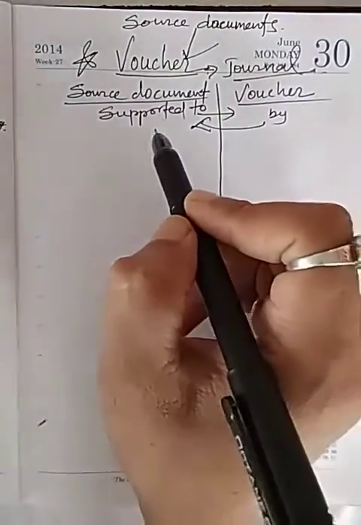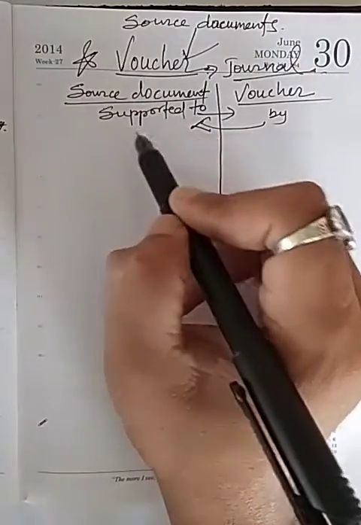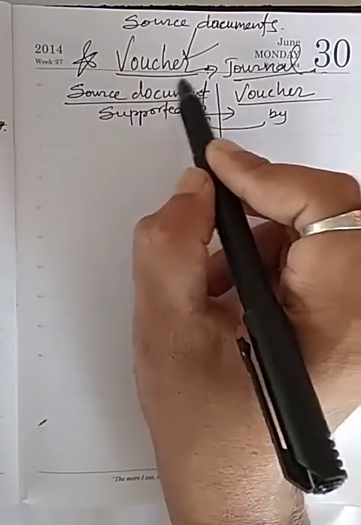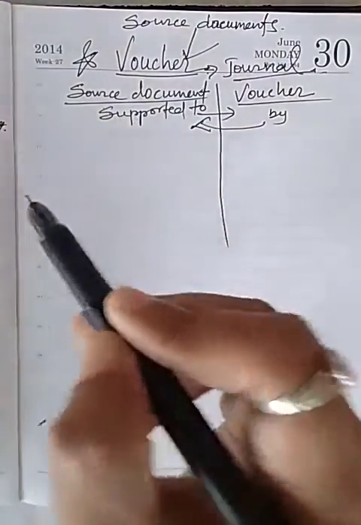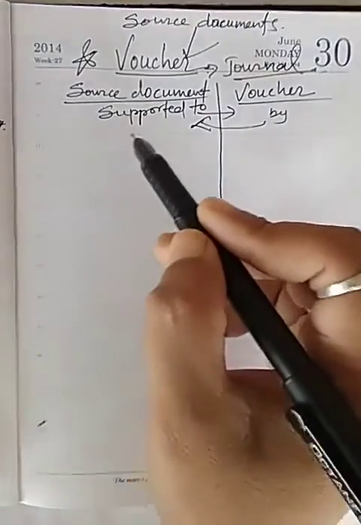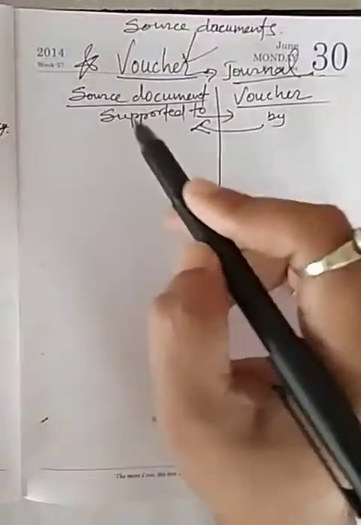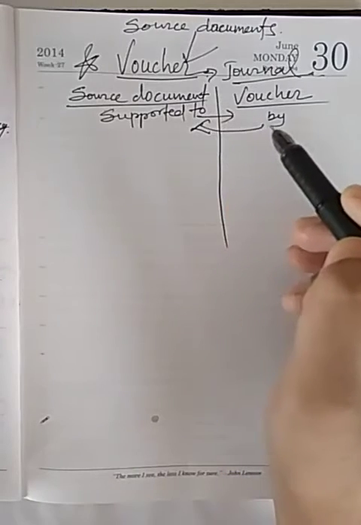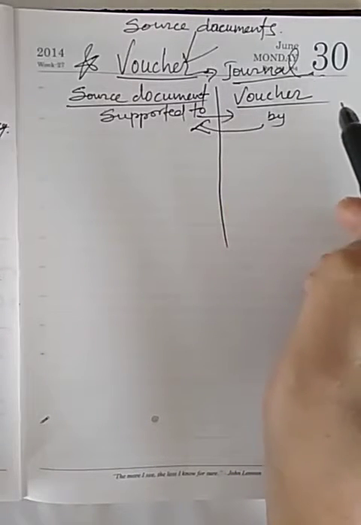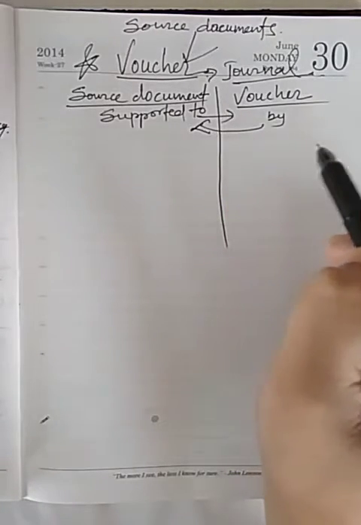Next difference is that source document is not prepared to record transactions, but voucher is prepared for recording transactions.